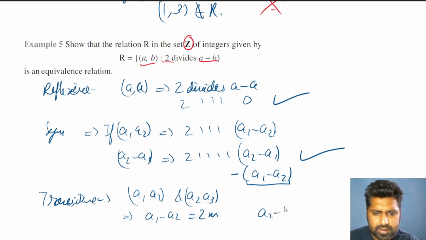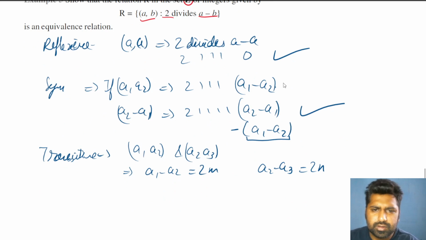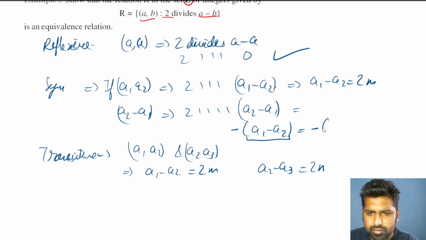And if a2 minus a3 is also divisible, you can write that as 2n also. If you consider it, a1 minus a2 is some 2m, let's say. So a2 minus a1 means negative of this, which implies negative of 2m, and negative of 2m is also divisible by, of course, 2. Clearly 2 is a factor, so you still get the divisibility criteria 2n.